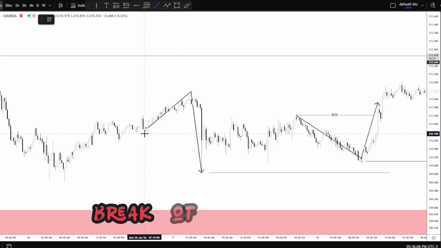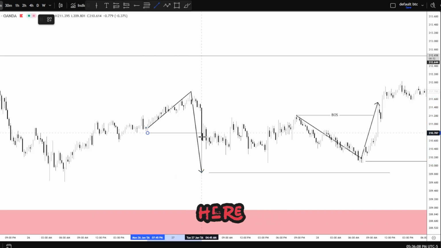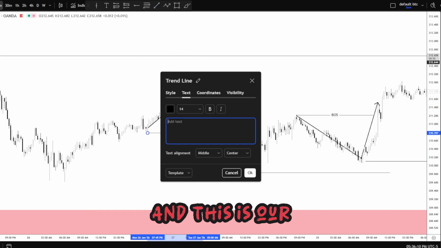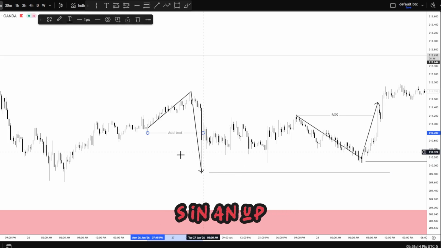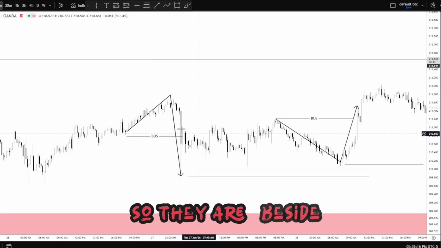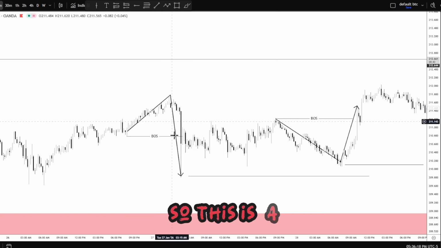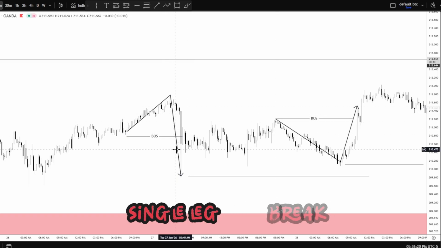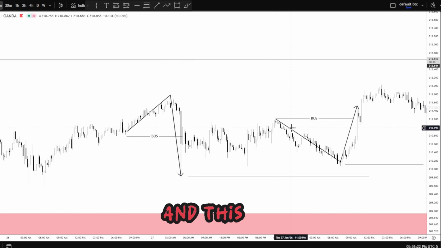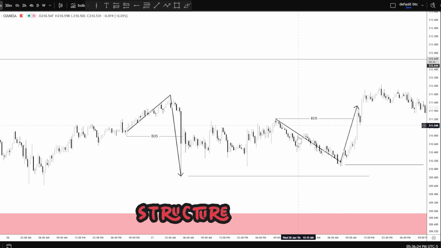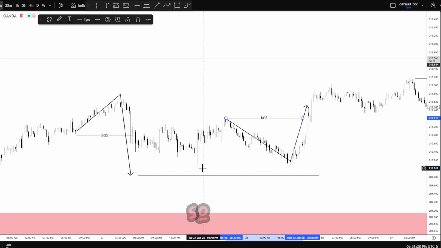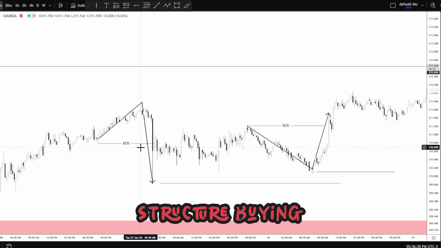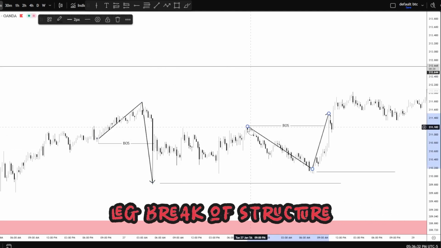So this is our break of structure right here, and this is our selling BOS in a downtrend. So they are beside each other, you get. So this is a single leg break of structure selling, and this is a single leg break of structure buying, you get. So this is a single leg break of structure buying, and this is a single leg break of structure selling.